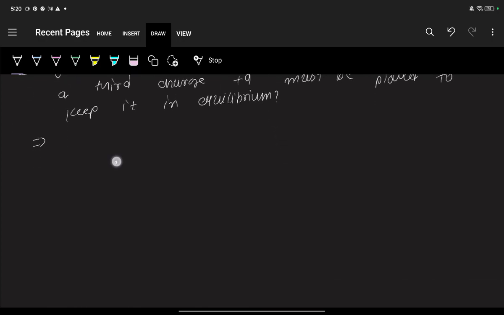So there are two charges plus 4q and q. Okay, and there is this third charge we are going to place here. Let's say this distance is x, and since it is 3 meter apart, we can take this distance as 3 minus x, right?